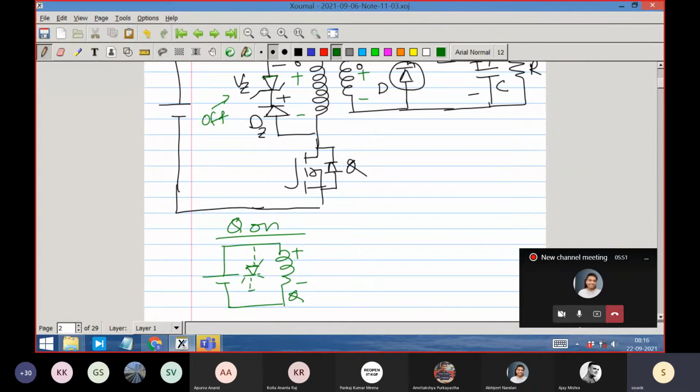So that diode is blocking the voltage, because this is conducting. Actually diode voltage is plus terminal here, minus terminal here. This is VG, and this is blocking. This will be blocking the input voltage.